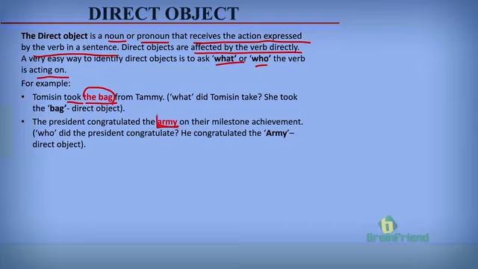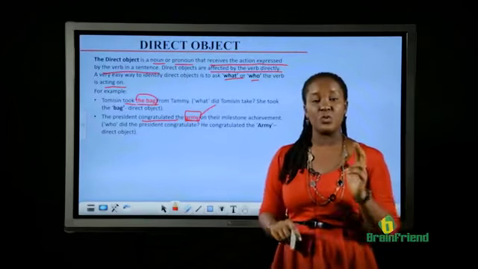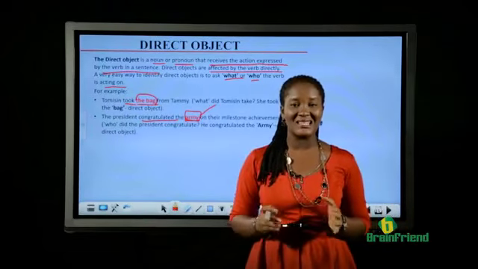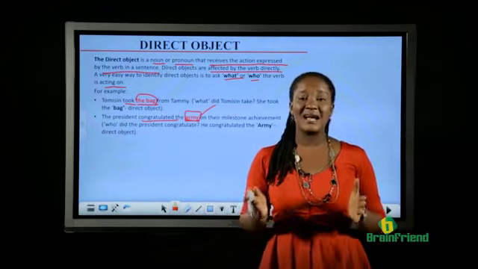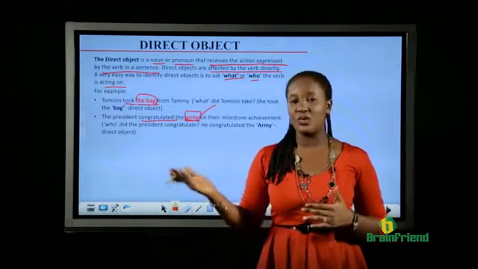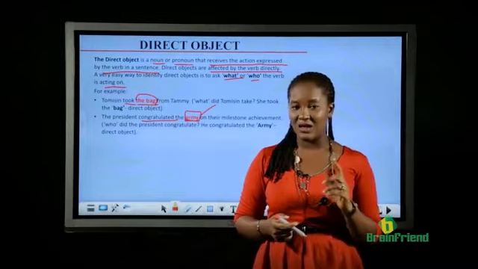Army here is the object of this sentence because it is directly related to the verb congratulated. Who did the president congratulate? He congratulated the army. So if you want to identify direct objects easily in sentences, simply ask what or who the verb is acting on.